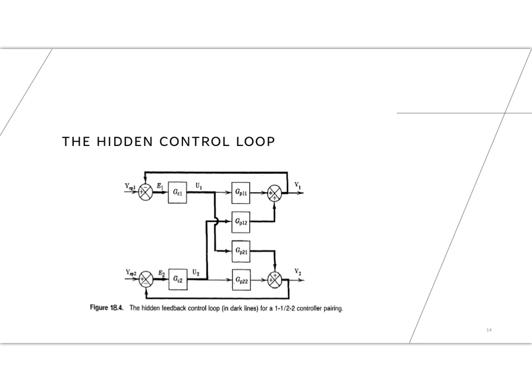Now, I keep referring to this hidden control loop, and when I drew those loops, they were crazy. We look at this and think there's a control loop here and a control loop here. But if I look at output Y1, besides this control loop, there's also this crazy loop, all going in the forward direction, so therefore it is a loop.